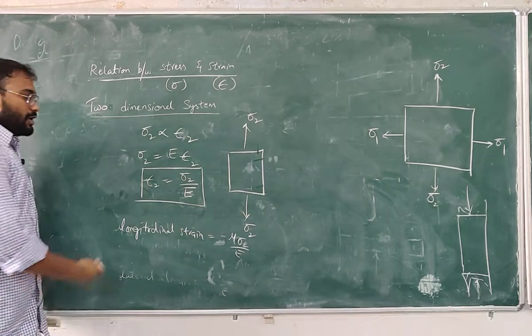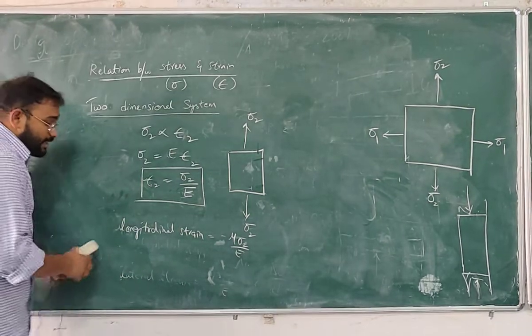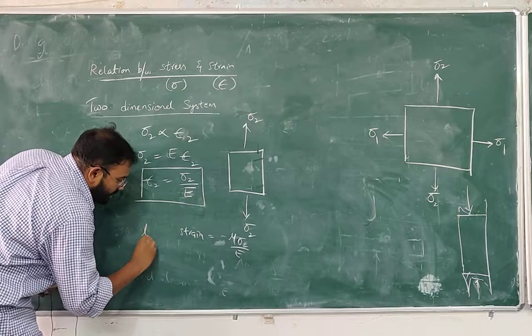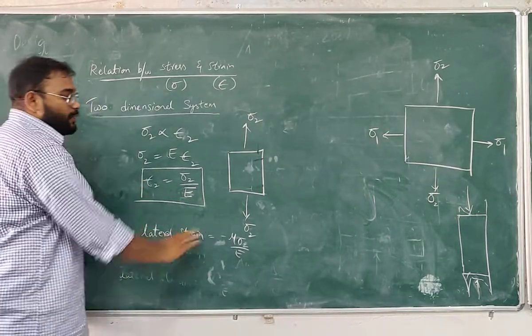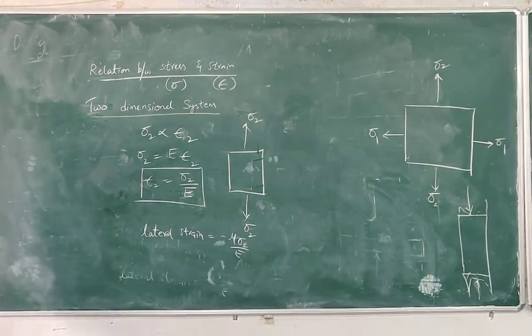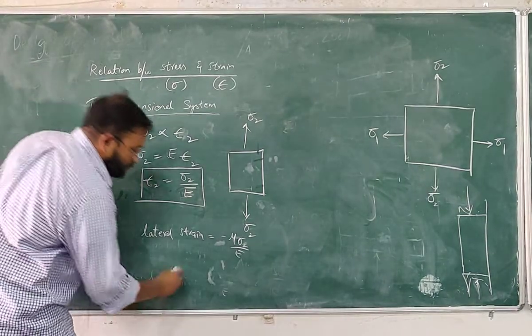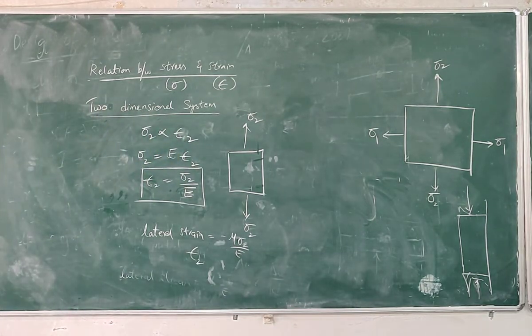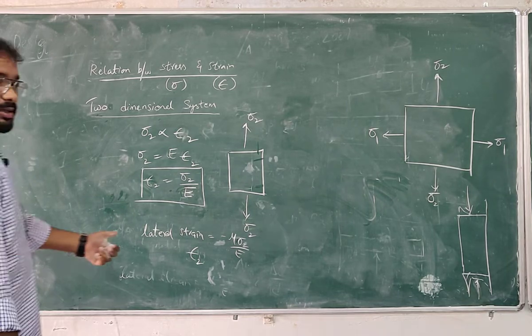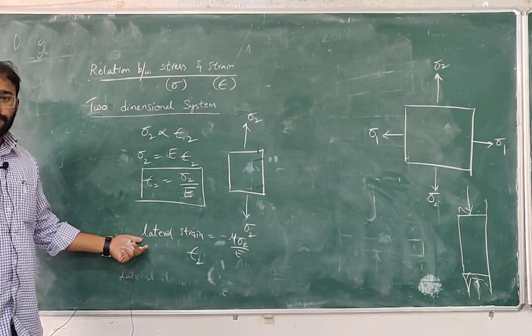If you want lateral strain, you should multiply this value with minus mu, epsilon 2. What happened? This is lateral strain.